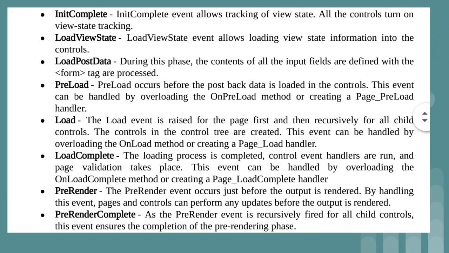Then we have save state complete. The state of the controls on the page is saved, that is, whatever controls we have selected, the state for that specific control, like checked or unchecked, will be saved in the save state complete event. Personalization, control state and view state information is sent. Personalization means the information about each and every control, its state and view state.